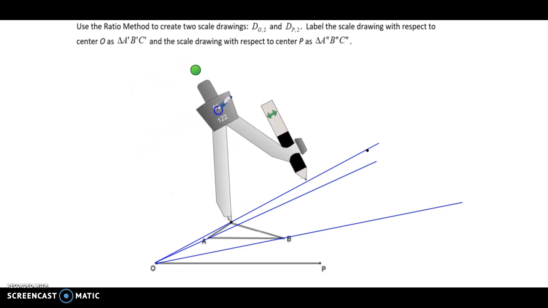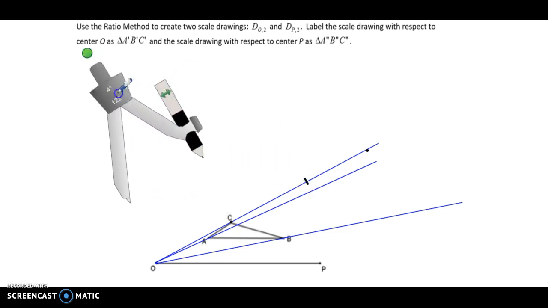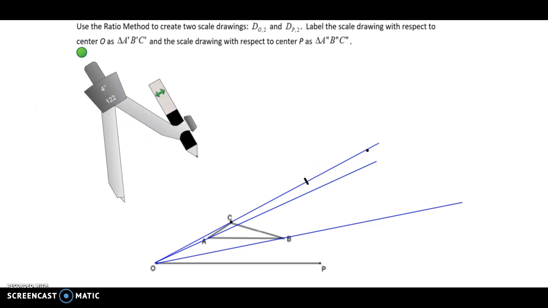So I put my point on C and mark on my line segment where my new point C prime would be. I can call this C prime.